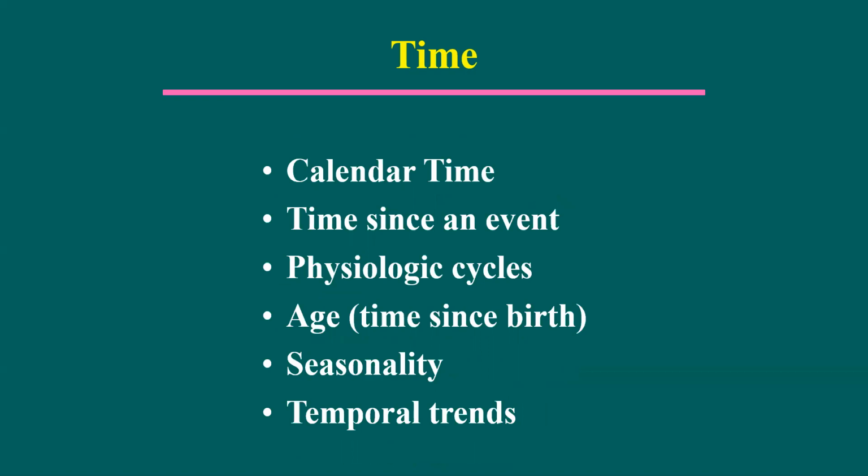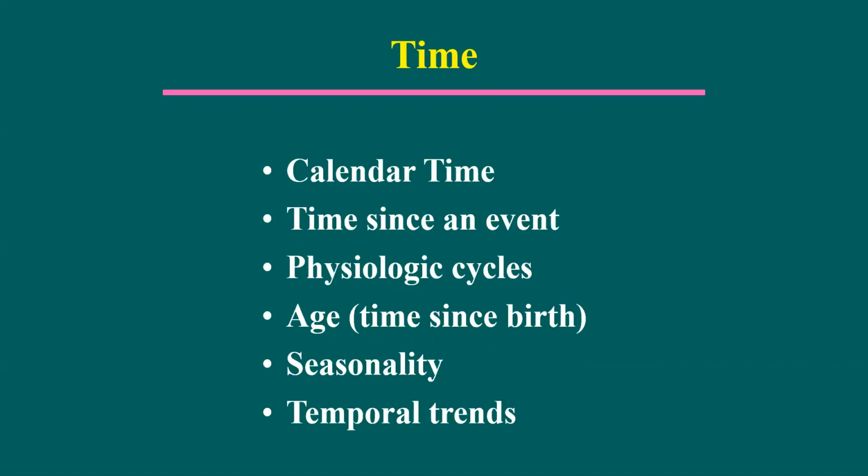Then for time, these are some of the parameters which refer to time: the calendar time, the time since an event. Some conditions take time to develop, while others develop there and then. We also have what you call physiologic cycles. The common physiologic cycle which you might understand is the menstrual cycle, which has different phases, the menstruation, the ovulation, whatever.